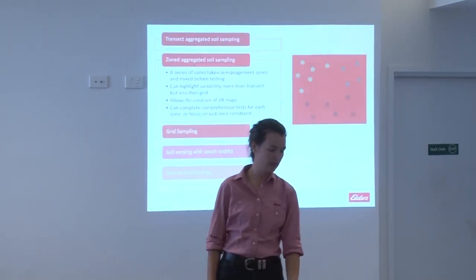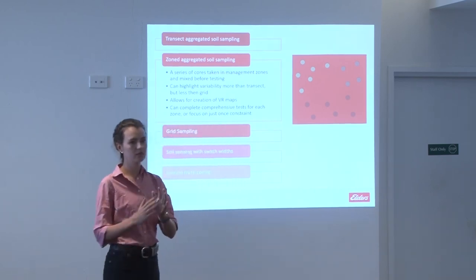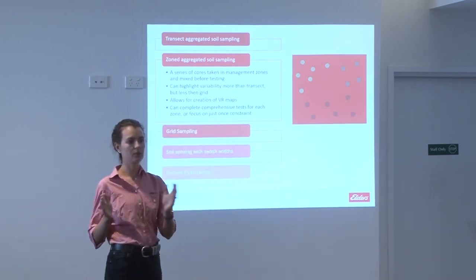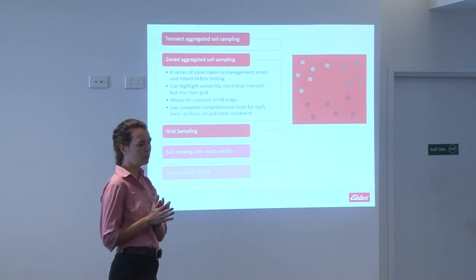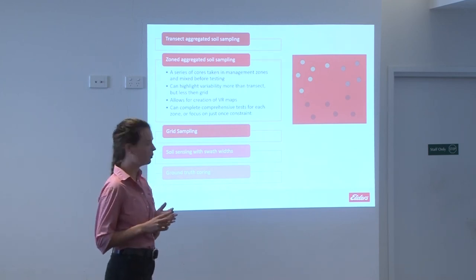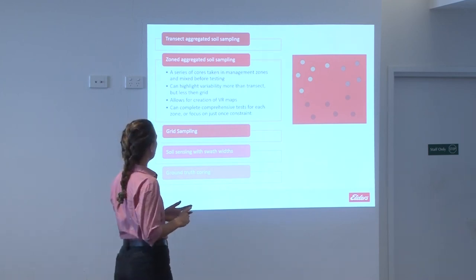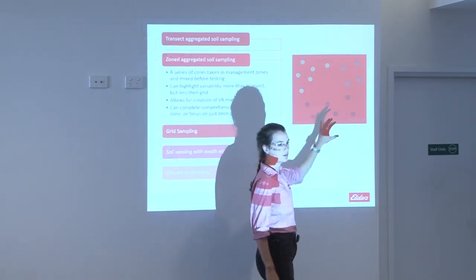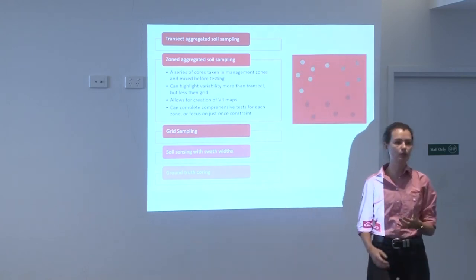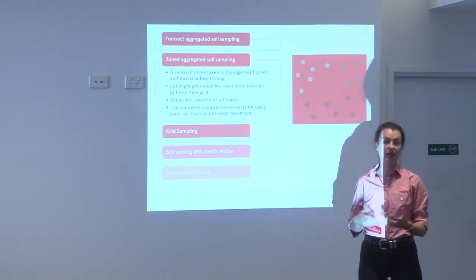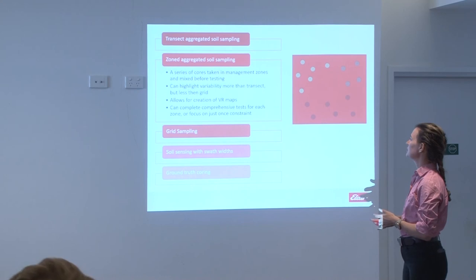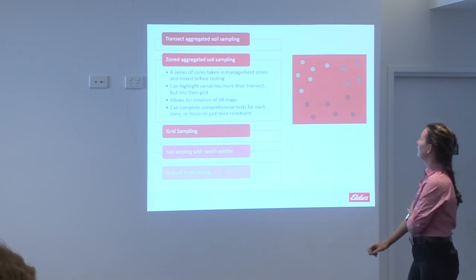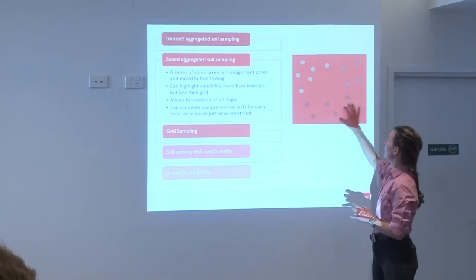Then next, I suppose going along the lines of increasing the ability to identify variability would be a zoned aggregated soil sample. So in this method, I suppose you'd be zoning the paddock using some sort of data like a yield map or even better, numerous years of yield maps to create zones, and then you'd be aggregating zones per paddock.